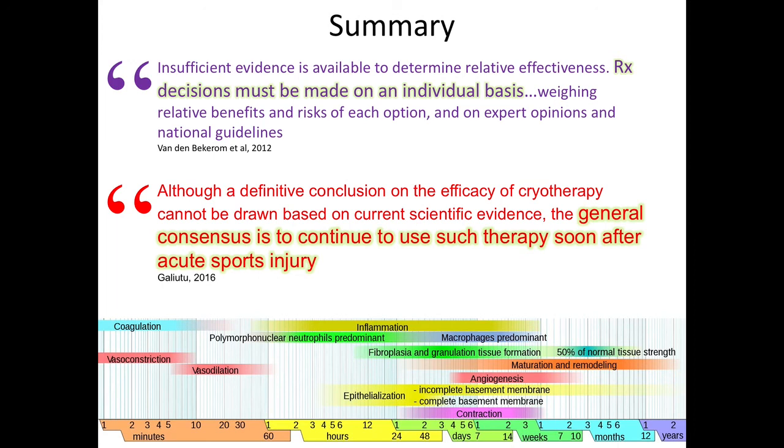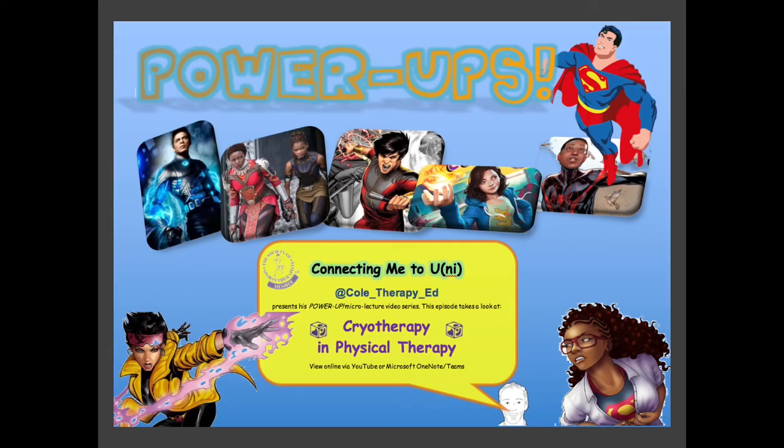Be careful when you use it, follow the guidelines, and please do read through the accompanying reading that I alluded to at the start, particularly the cryotherapy guidelines from Physiopedia. It's number 4 on that first pre-reading.